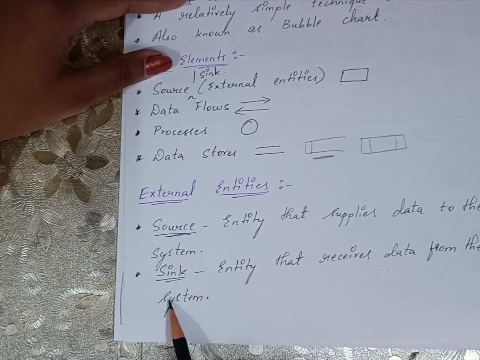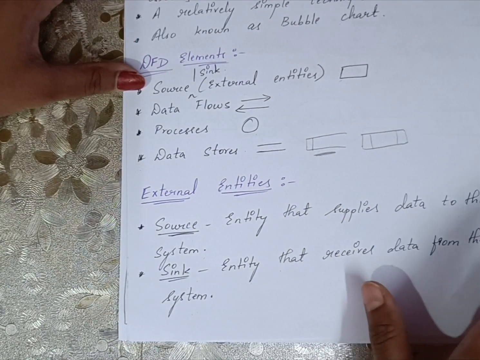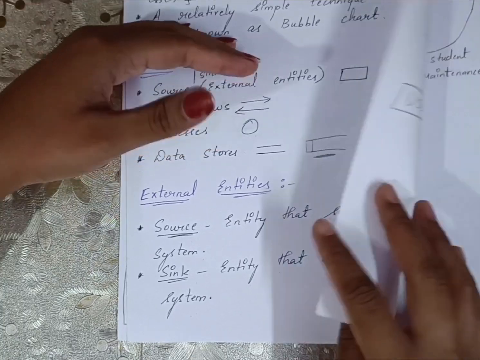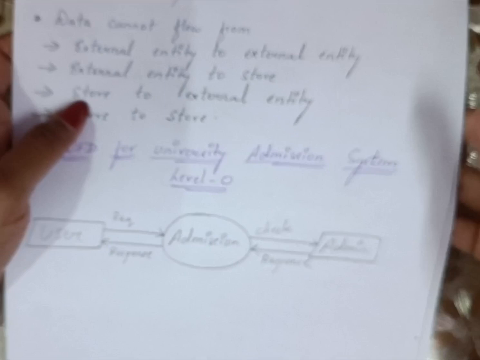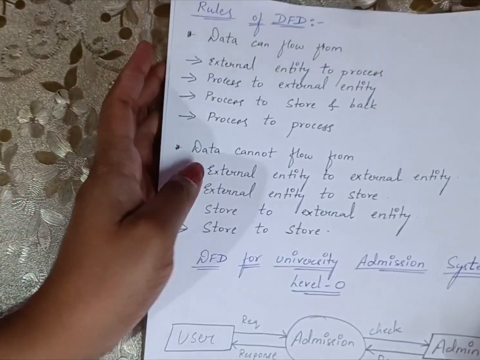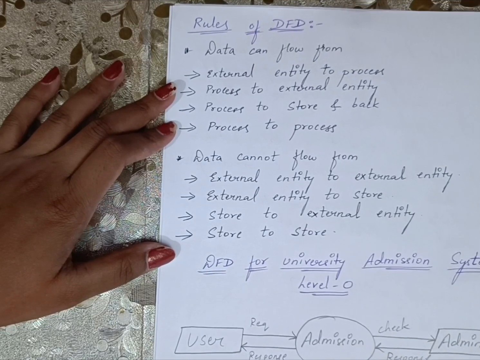Source and sink are the two entities we use in the data flow diagram concept. And then we'll see the next one, a simple diagram. But before that, you need to go through these rules.